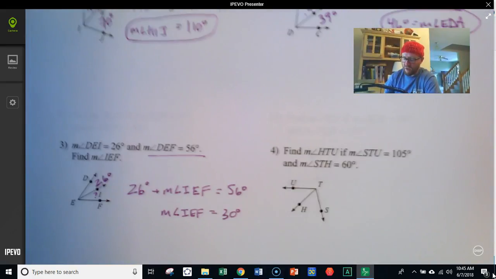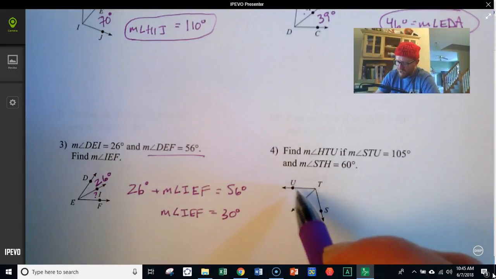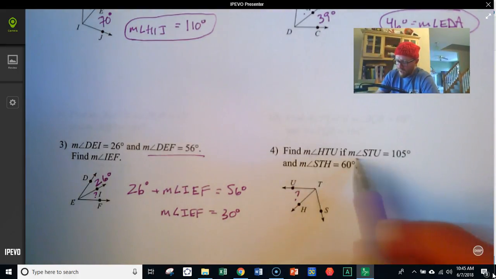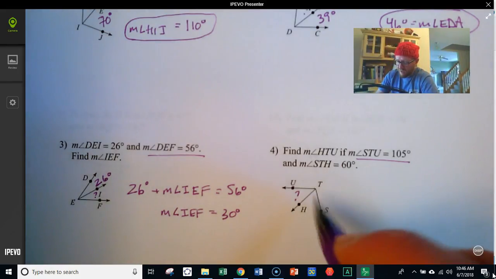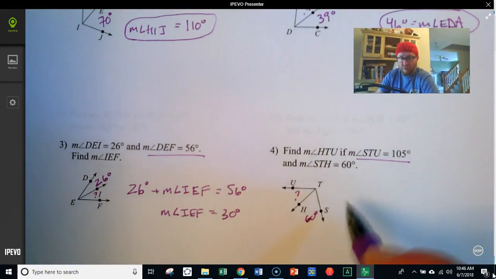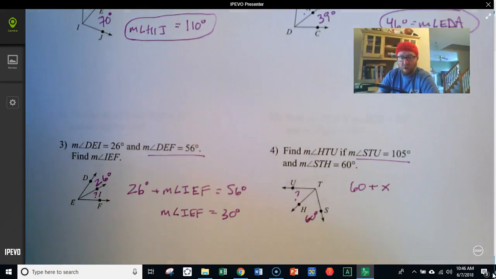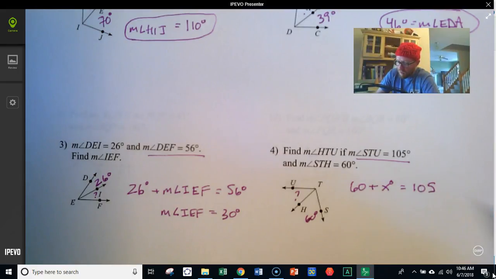Let's take another look here. We're supposed to find HTU. HTU, it's unknown right there. We know that STU, the big angle, is 105. And let's see, we've got that STH is 60. So we could say that 60 plus our unknown, let's just call it X degrees, equals 105.